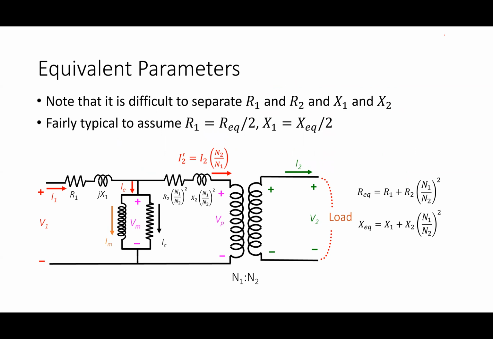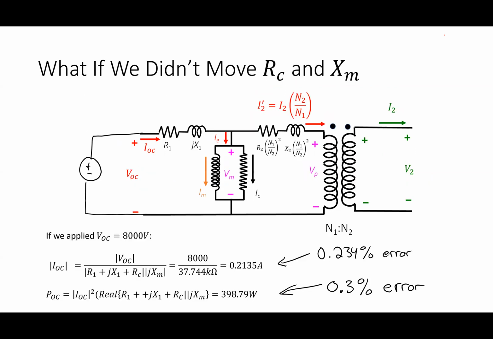I ran a real quick test: if I had this set up open circuited, the current going into this would be 0.2135 amps, and the power would be 398.79. Here's the percent error between the 400 watts and the 0.214 amps that I gave you here.